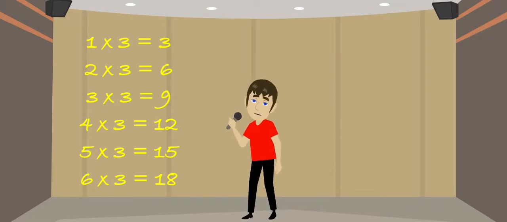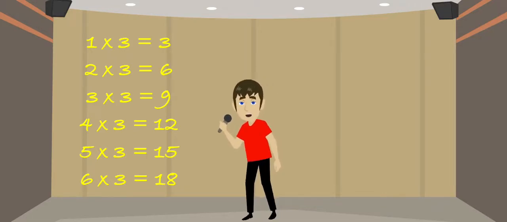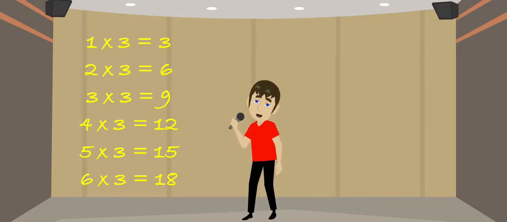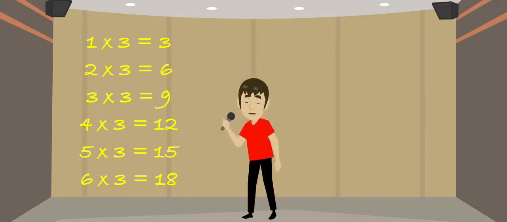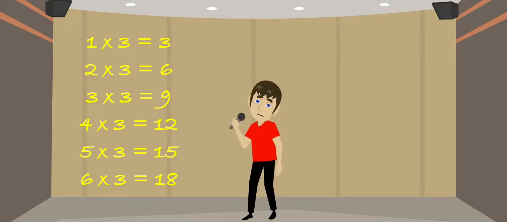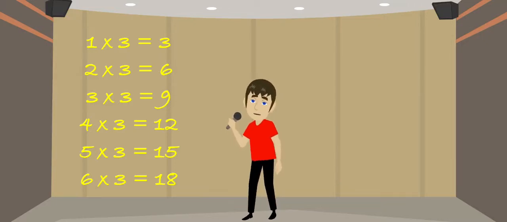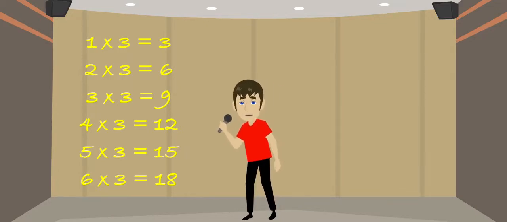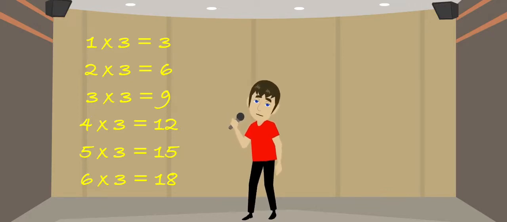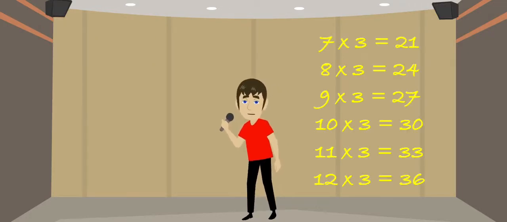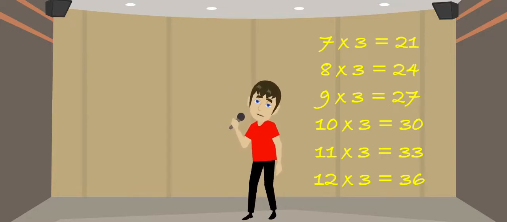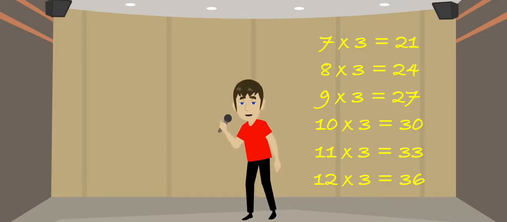1 3 is 3. 2 3s are 6. 3 times 3 is 9. 4 times 3 is 12. 5 3s are 15. And 6 threes are 18. 7 threes are 21. 8 threes are 24. 9 threes are 27. 10 threes are 30. And 11 is 33.